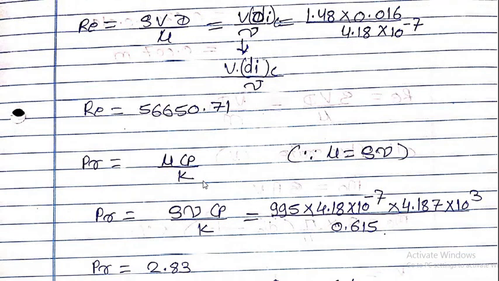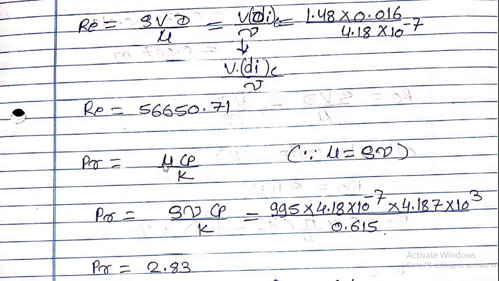Then we have to find out the Prandtl number. Prandtl number is equal to mu Cp divided by K. As the mu value is not provided, we need to find it, but the kinematic viscosity and density values are provided. We know the relation that dynamic viscosity is equal to density multiplied by kinematic viscosity.